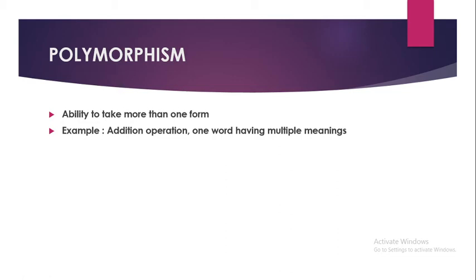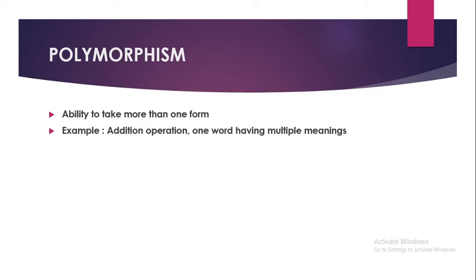A class can be a compliment: it is very good, just like that, it's a class. It can be a teaching classroom, or it can be a class in C++ or OOPS programming. So depending upon the context, whatever I am using, I have to take the appropriate meaning for that.